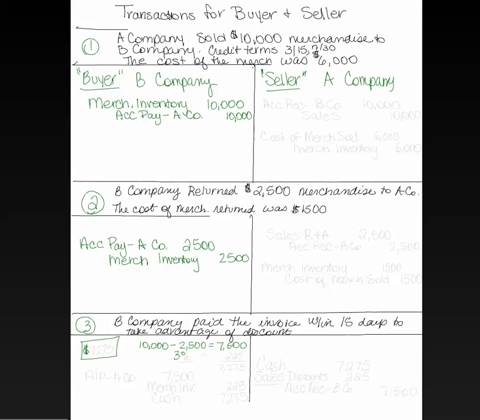So we can save 3% if we pay it early. So we're going to figure out 3% of $7,500, which is $225, which means the amount of our check is $7,500 minus $225, which is $7,275. That's the amount of our check.